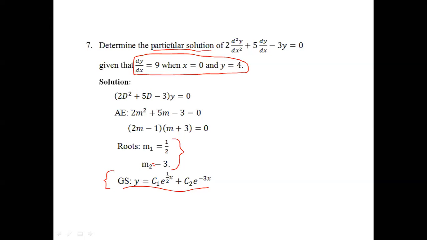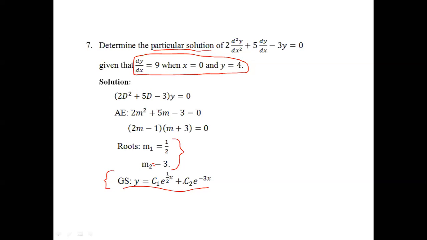So the particular solution is not supposed to have C1 and C2. In other words, whatever we're going to do, we have to ensure that at the end of it all, we should have the values of C1 and C2 and put them in this general solution, and we'll be done. That will be our particular solution. So let's move. Where do we go from here?